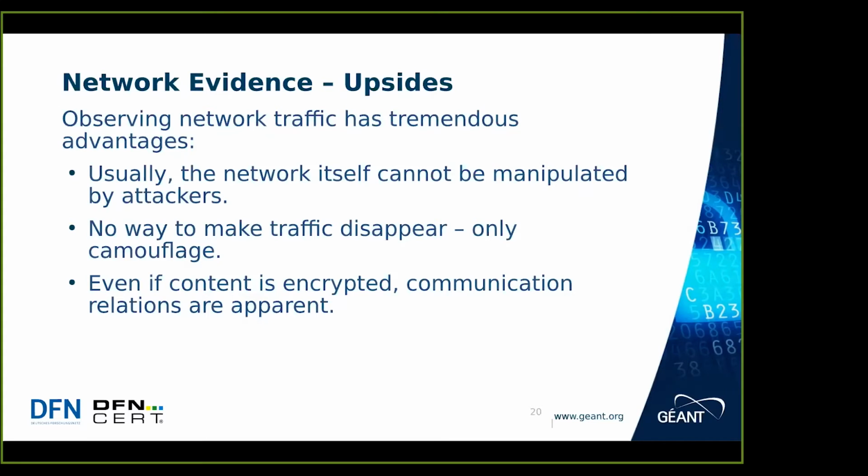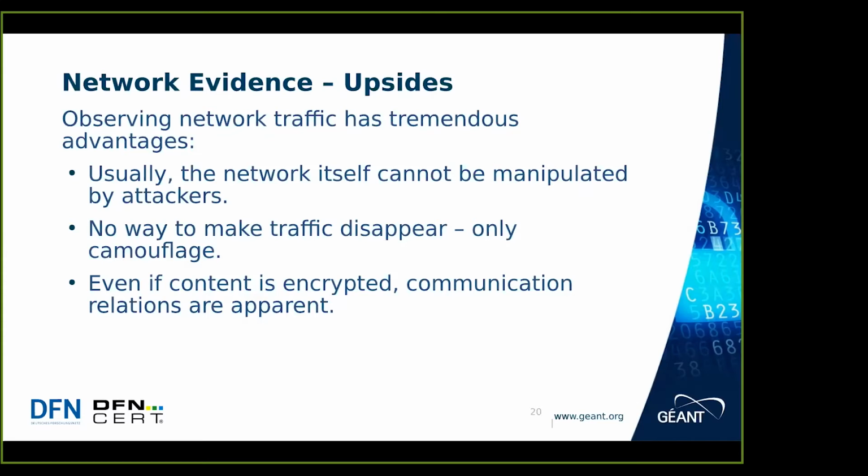Also, obviously, one thing that an attacker can do is to use encryption. Depending on how well this is performed, it's next to impossible to actually get back to the data, as we all know.